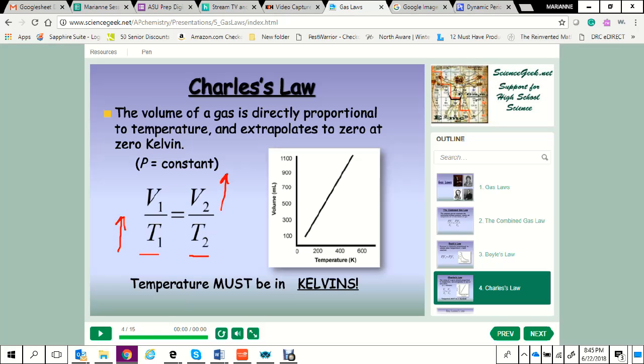So if your temperature goes up, your volume goes up. And when water boils, if you think about it, as water boils, it expands. So the volume will go up the hotter things get. Things expand when they heat up. Let's go to the next one.